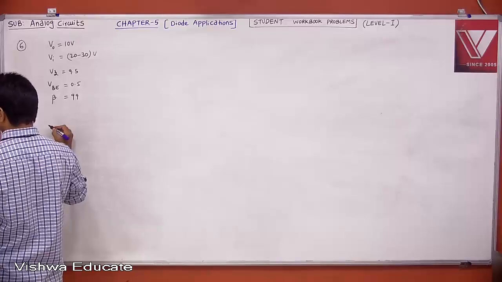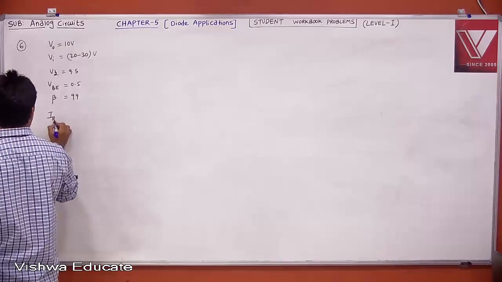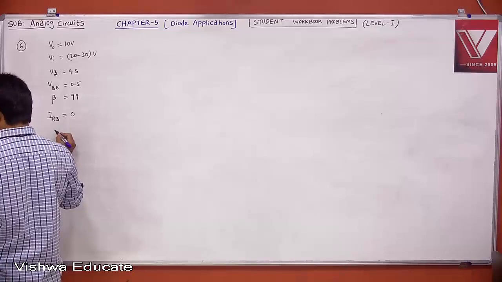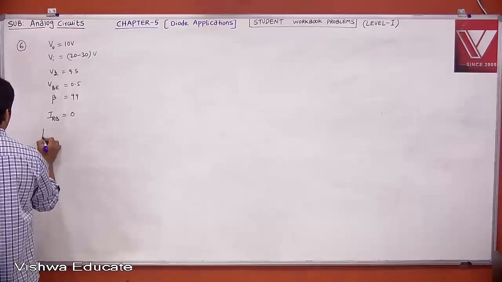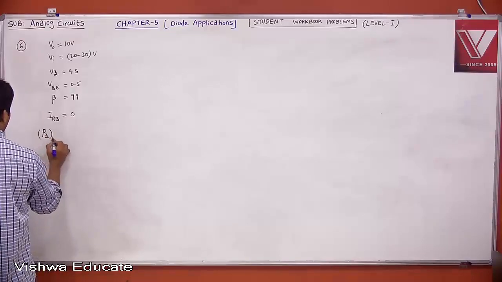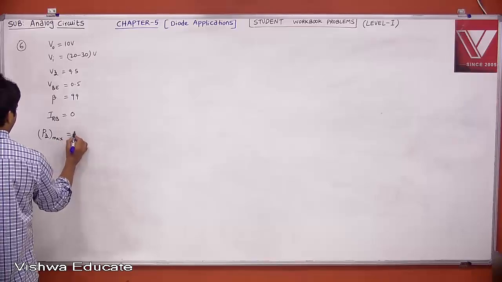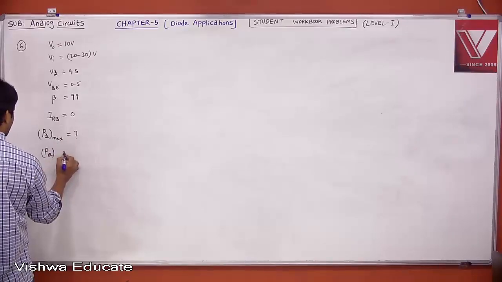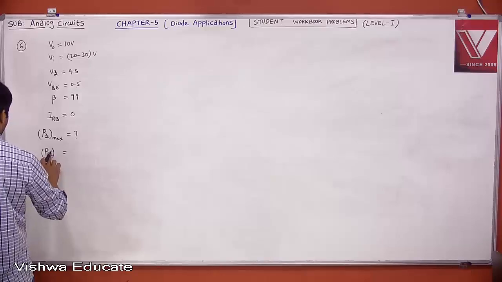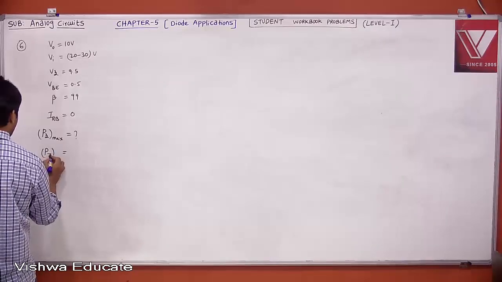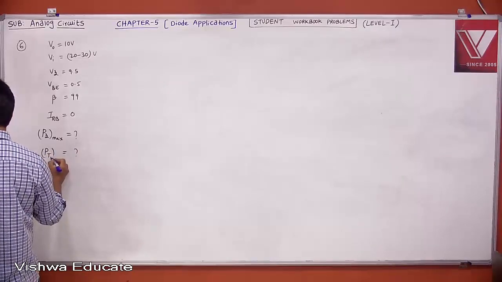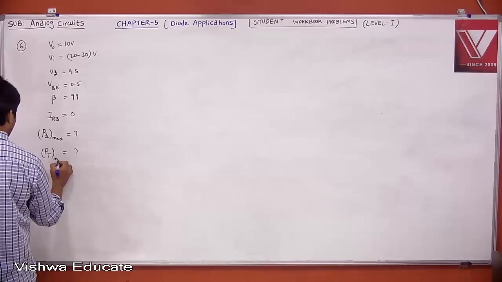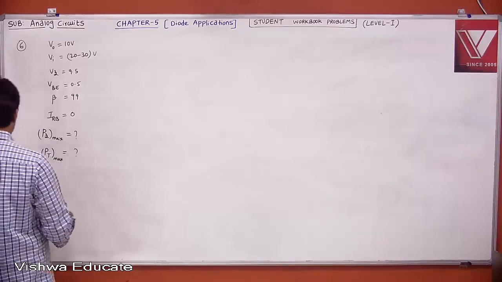Neglect the current through RB. Find the maximum power dissipation, therefore PZ maximum, and the maximum power dissipation across the transistor. Actually, it is given as PT, that is your transistor watt max.